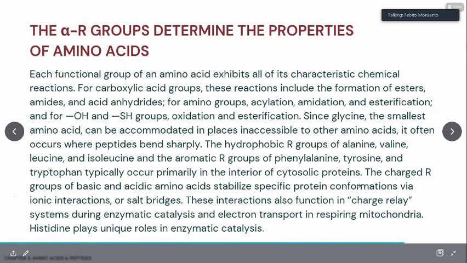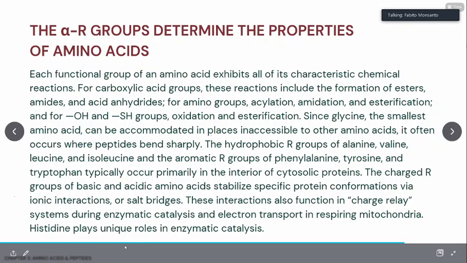The charged R groups, like the basic and acidic, stabilize specific protein formation via ionic interaction, or what we call salt bridges. Ionic interactions. These interactions also function in the charge relay.